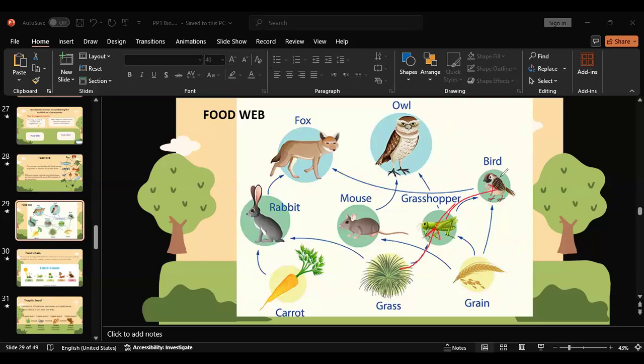This is one food chain. You may see another food chain: here the carrot is eaten by a rabbit and a fox. This is another food chain. So how many food chains are there? A lot of food chains you can find in this food web. So this is a simple one.